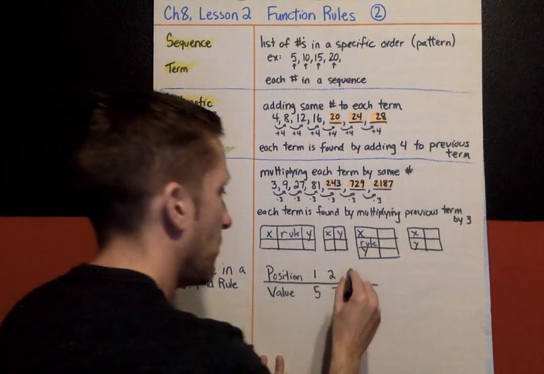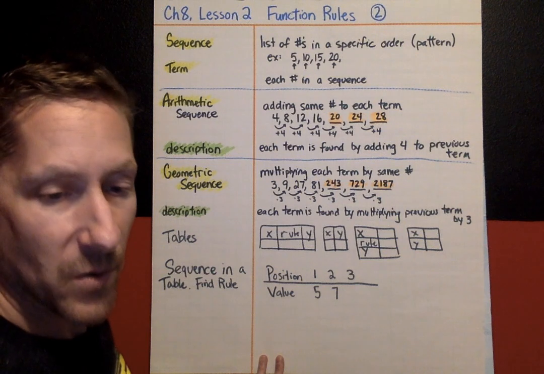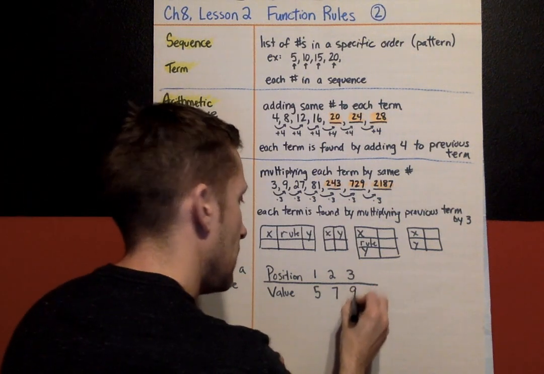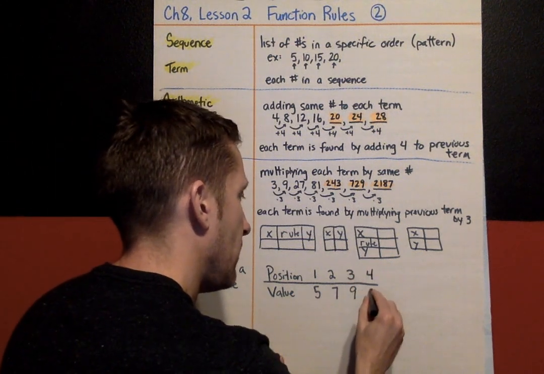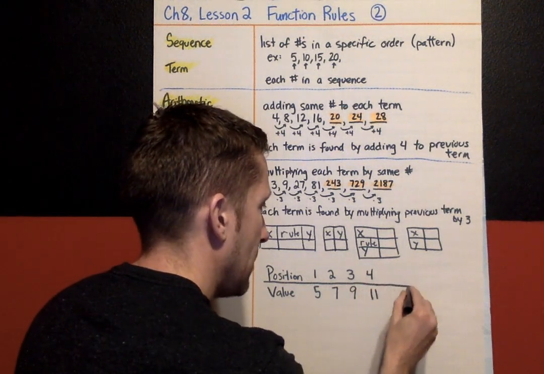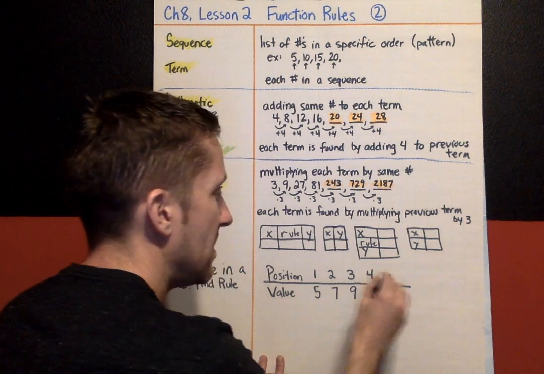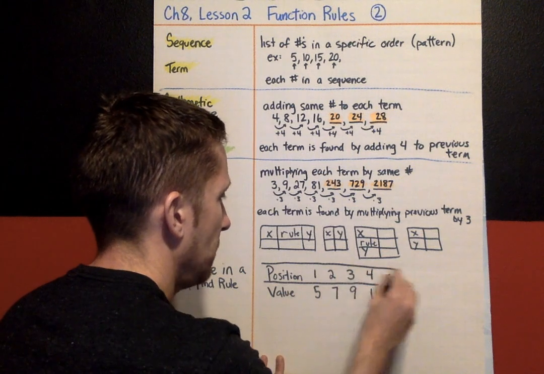Position 3 gives you a value of 9. And let's see, position 4 gives you a value of 11. And after that, I'm going to use a variable n for any number position. Okay, so let's put this in a table.